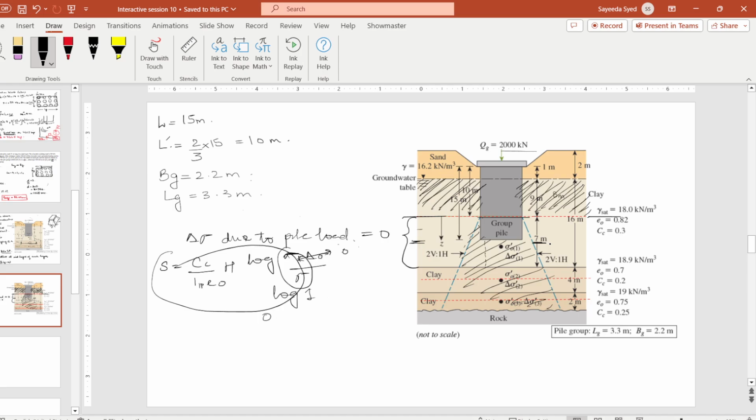So let me, this will be somewhere here. Change the color for this.